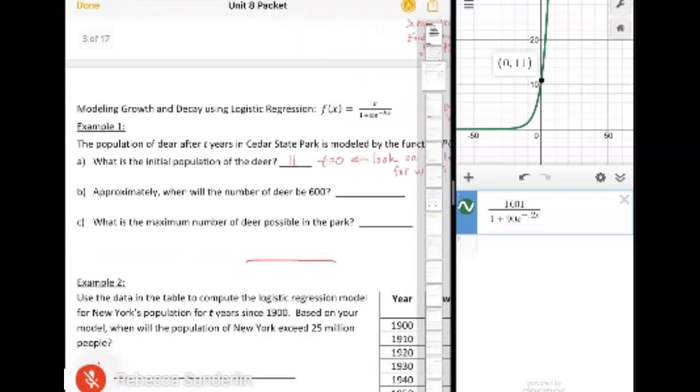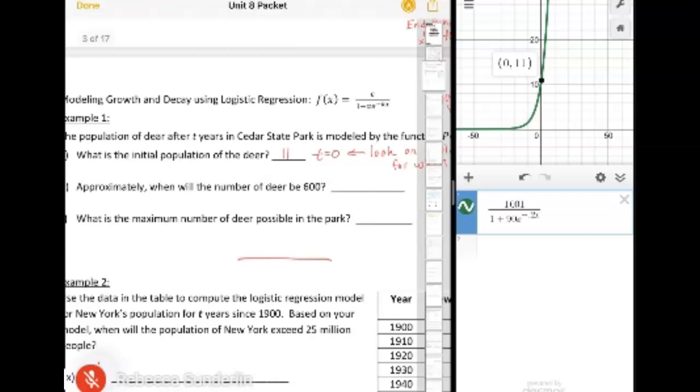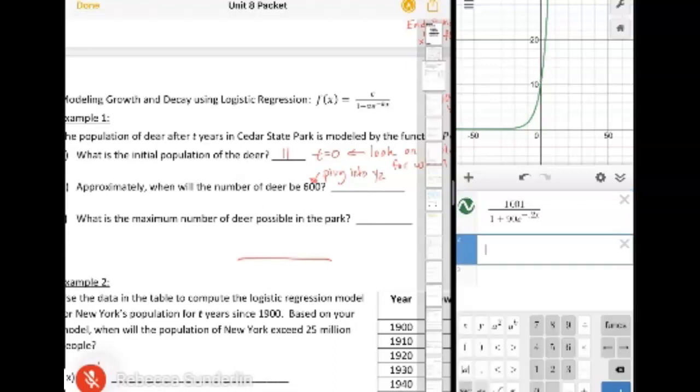Next, we have approximately when will the number of deer be 600? This time, they're giving us a population and wanting us to find time. So this is when we take this 600 and we plug into y2, or you plug it in as a separate equation in Desmos.